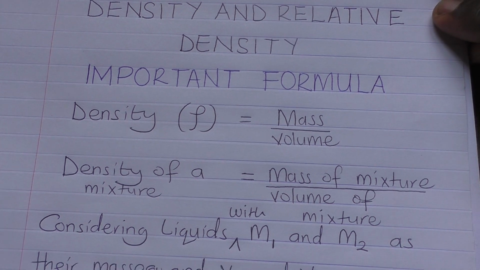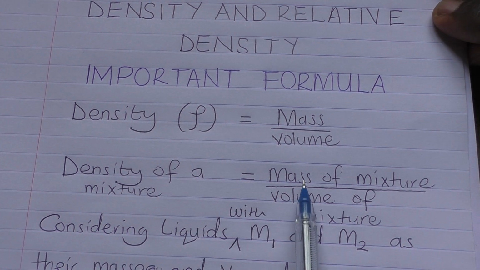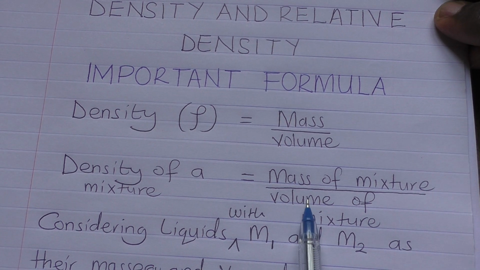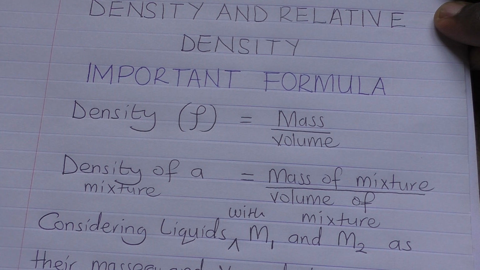Density of a mixture is given as the mass of the mixture over the volume of the mixture. For instance, when I'm making juice, let's say I have concentrated lemon juice added to water.